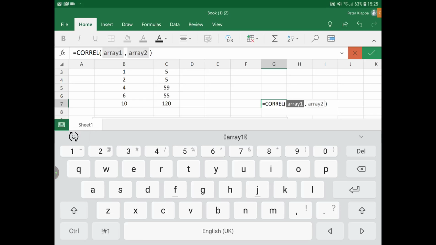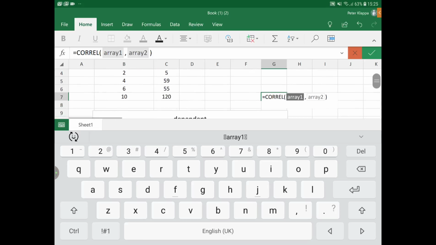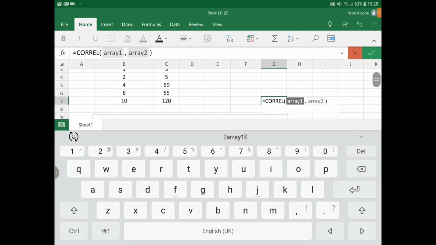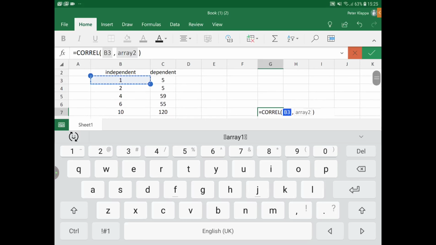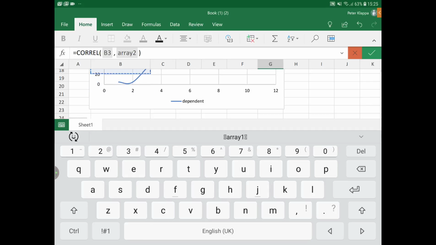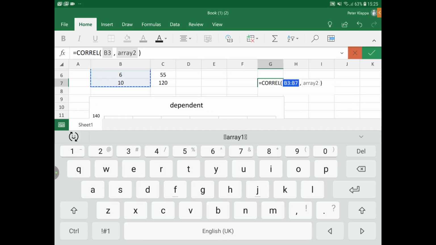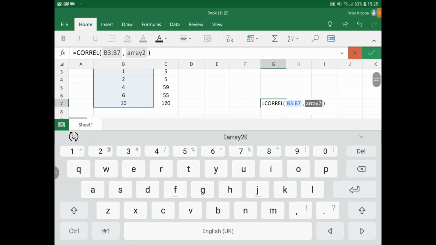So it asks you for the first array, that is your independent, and the second array, your dependent.